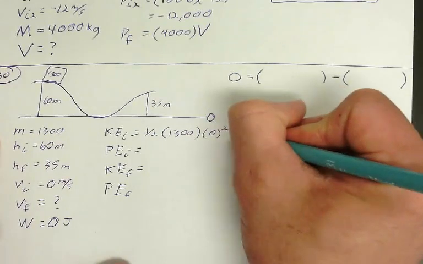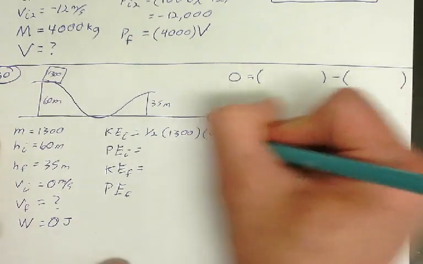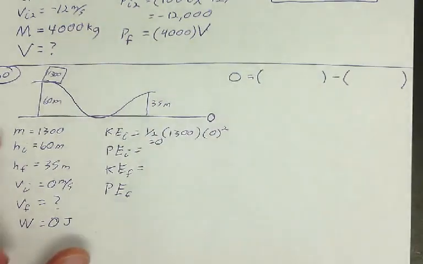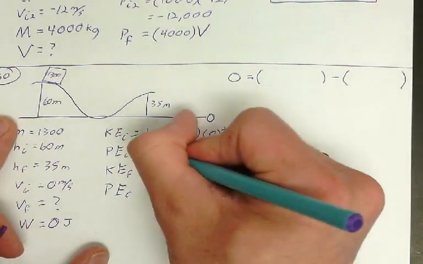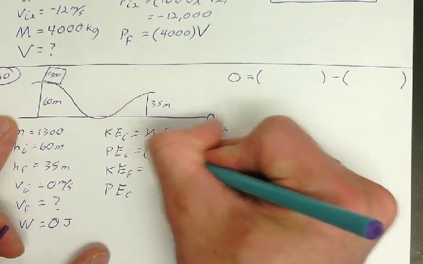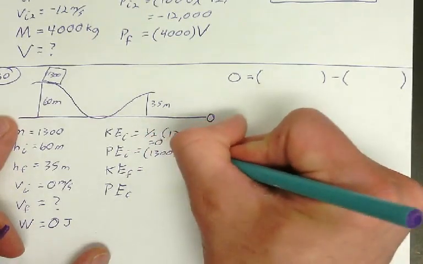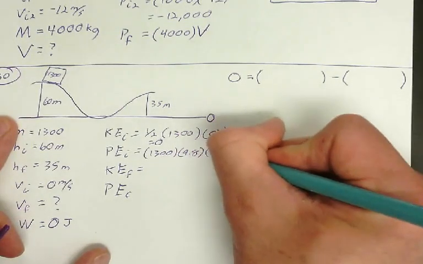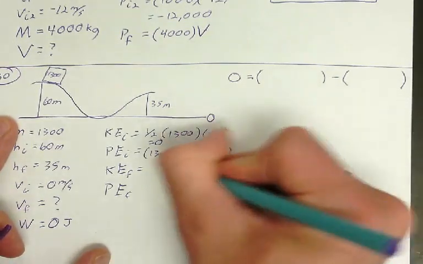So the whole thing goes to 0. The potential initial is mgh. G is 9.8, not a negative 9.8, it's just positive 9.8.